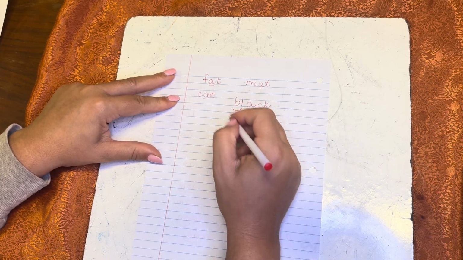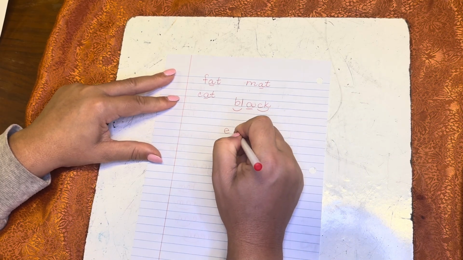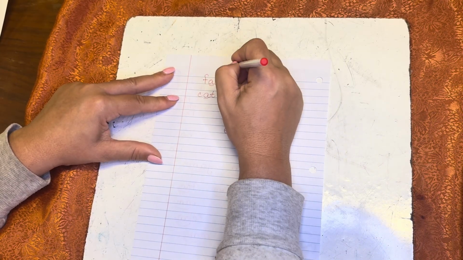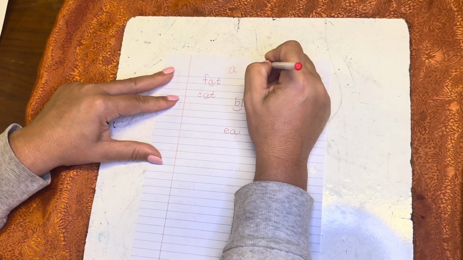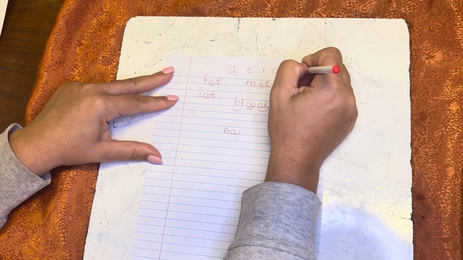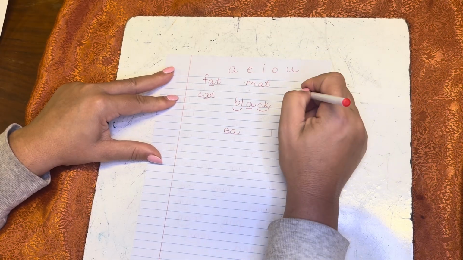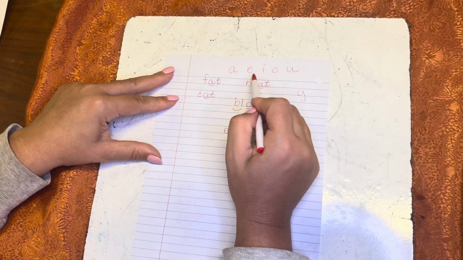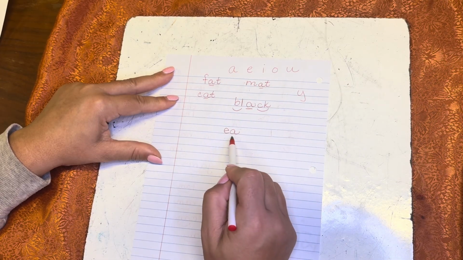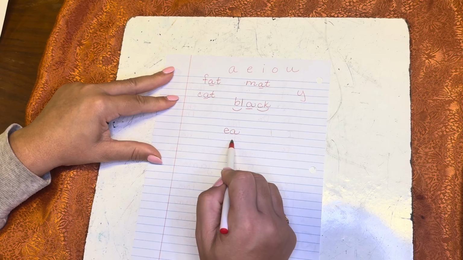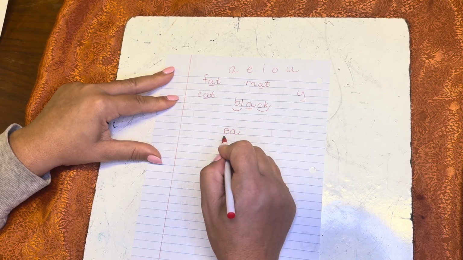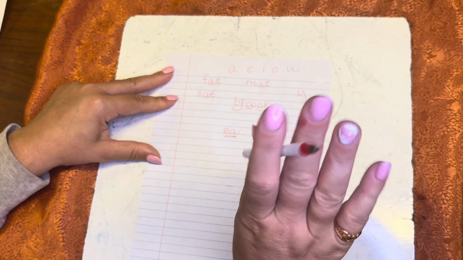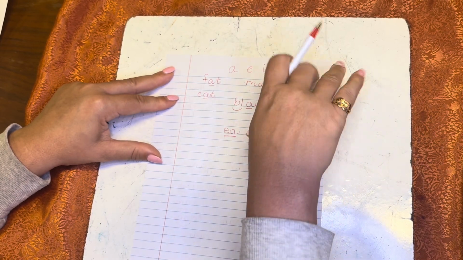Okay. Remember, when we have 2 vowels walking down the street. Remember, our vowels are A, E, I, O, U, and sometimes Y. Okay? These are 2 vowels, E and A. Here's the rule. When you see 2 vowels walking down the street, the first vowel does the talking and the second vowel does the walking.